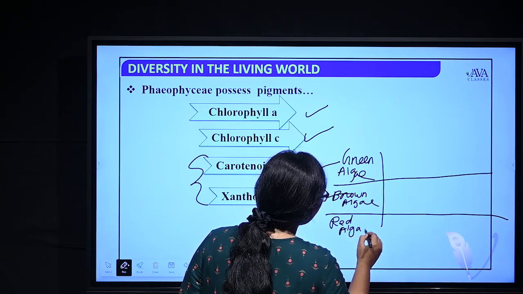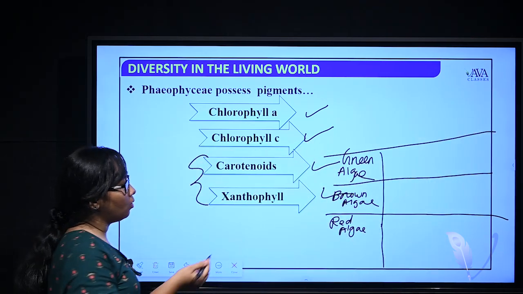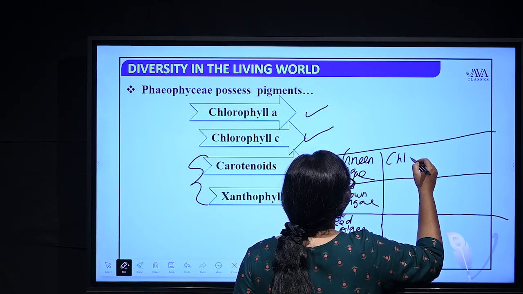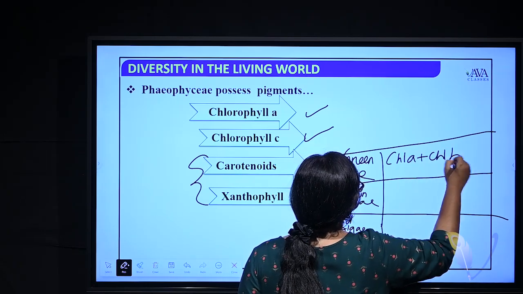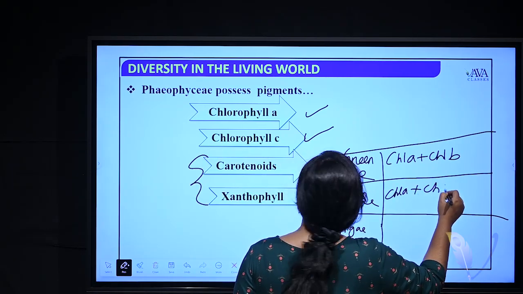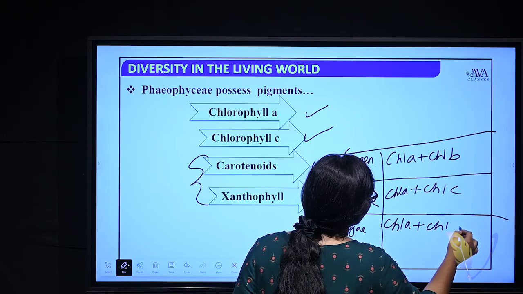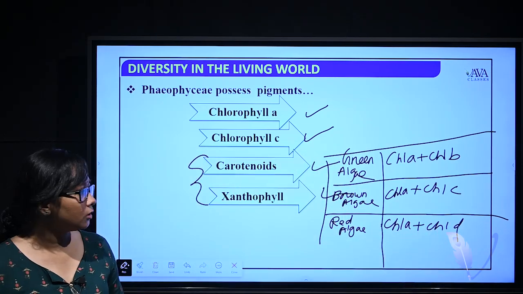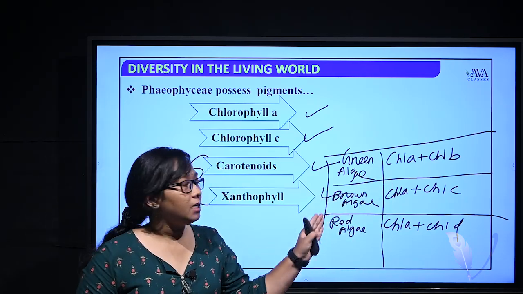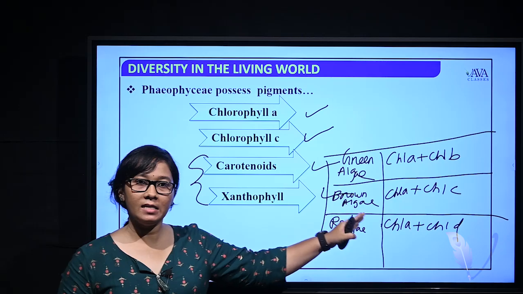Green algae have chlorophyll A and chlorophyll B. Brown algae have chlorophyll A and chlorophyll C. Red algae have chlorophyll A and chlorophyll D. Chlorophyll A is the universal pigment, so you can easily recall this. Green algae have chlorophyll B, brown algae have chlorophyll C, red algae have chlorophyll D.